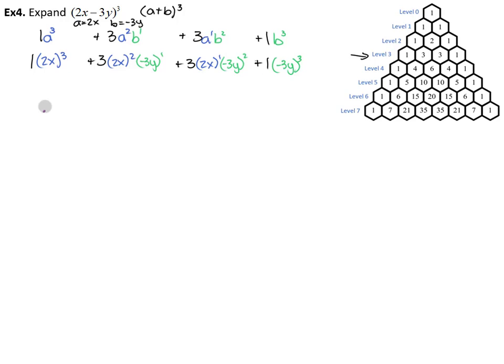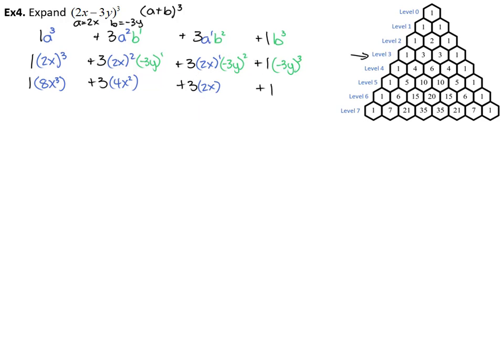Okay, so now I've gone ahead and filled in everywhere with a with 2x and everywhere with b with negative 3y. Let's evaluate our exponents next. 2x cubed becomes 8x cubed. 2x squared is 4x squared. The quantity 2x to the first is just 2x.